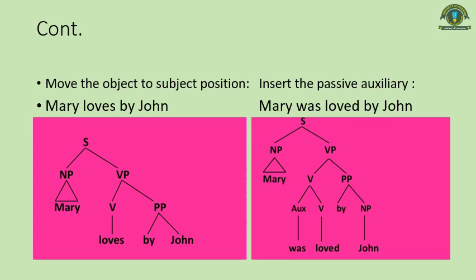Here the transformation is applied on the sentence John loves Mary, and it is changed into a passive sentence, that is Mary was loved by John. So these were the steps of transformation.